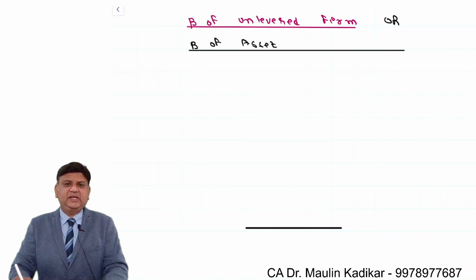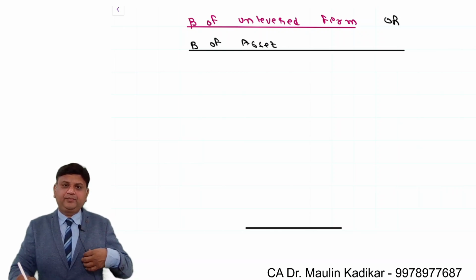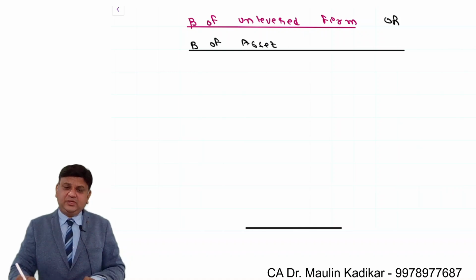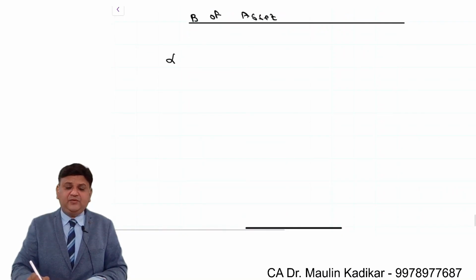Dear students, we understand that as far as the beta and the CAPM concept are concerned, it is helpful to an investor who is going to make investment in a security. That helps an investor to decide whether to make investment in the security or not by calculating the alpha of the security.